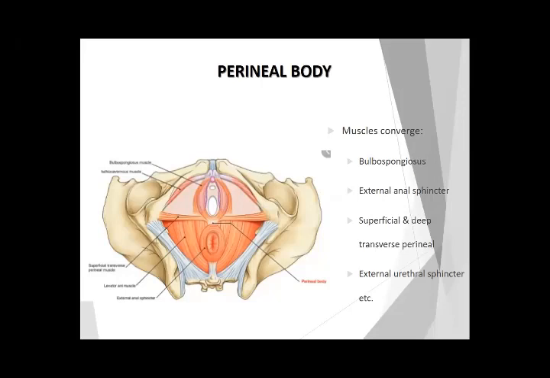Now, this perineal body is very important because during normal delivery, normal labor, normal delivery of a baby, the vagina has to be massively dilated, and this area, this perineal body, is torn, and it has to be stitched.